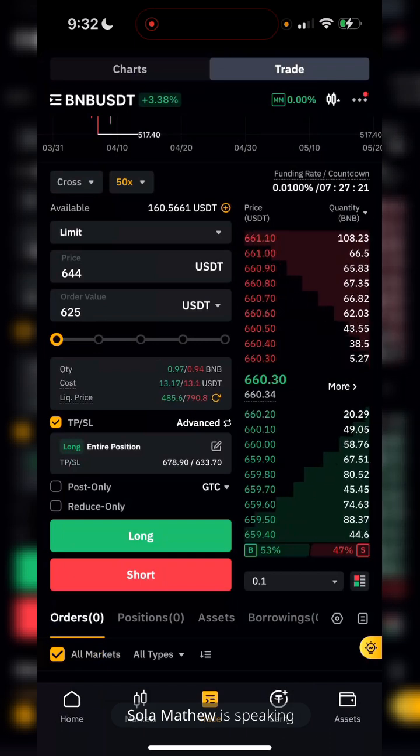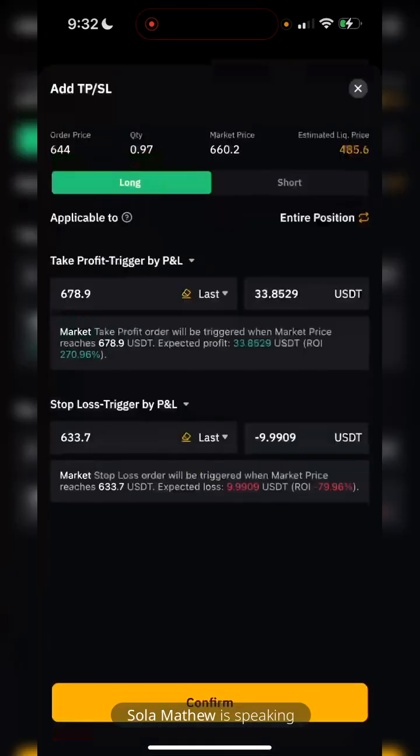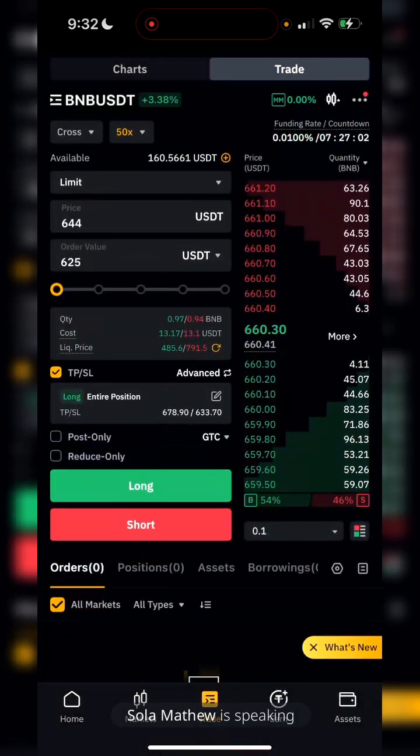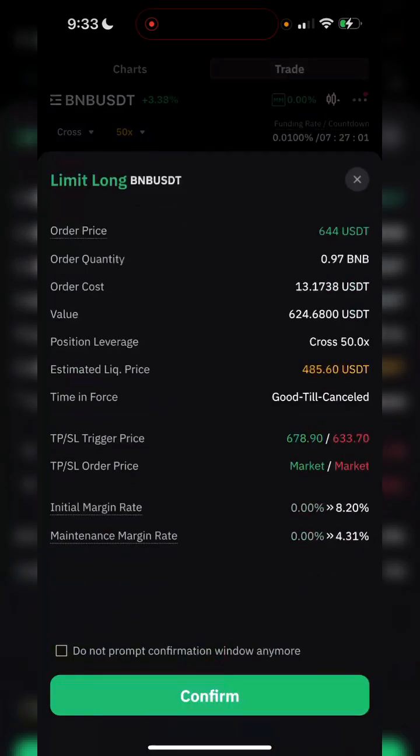But the reason you are using bigger leverage is that you know it's $10 you are willing to lose. If you don't lose that $10, you will make 33 point something dollars. You understand what I mean? So for example, you make 33.8 if you don't lose the $10. Yes. So once you are ready, just click on long, and then you wait.